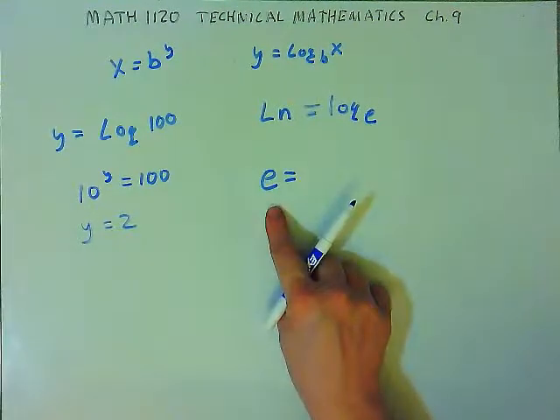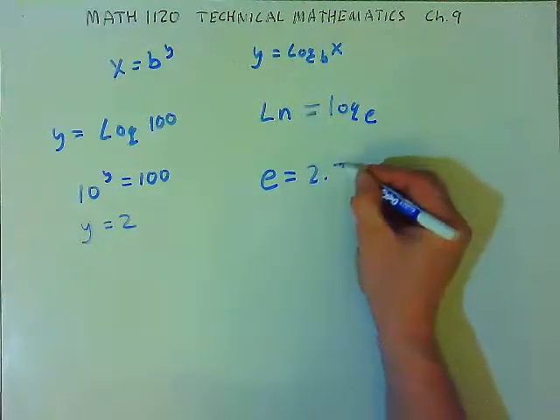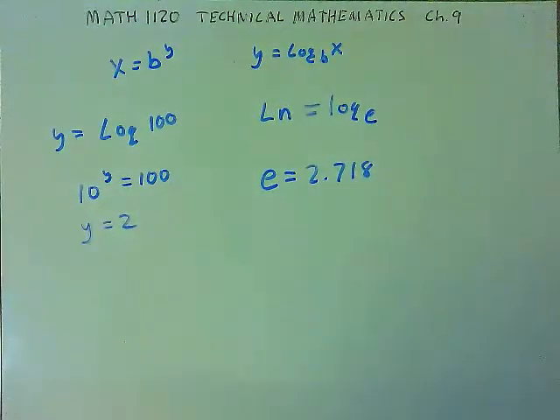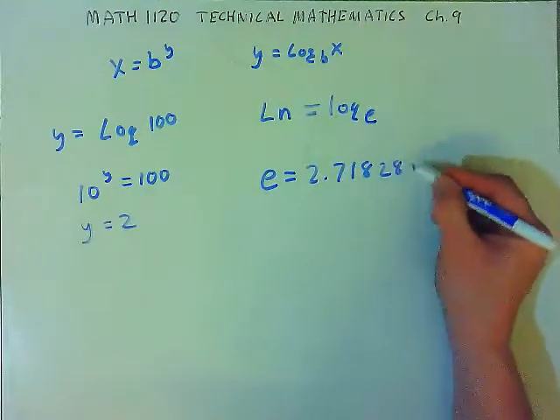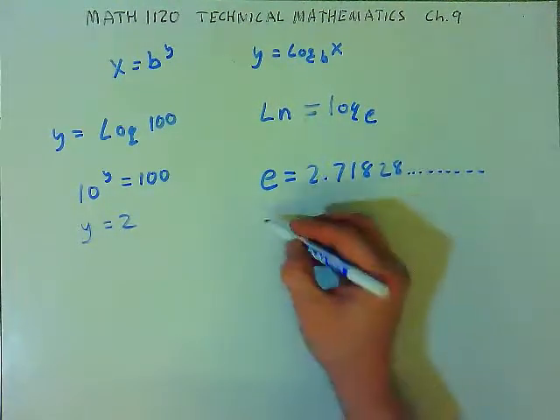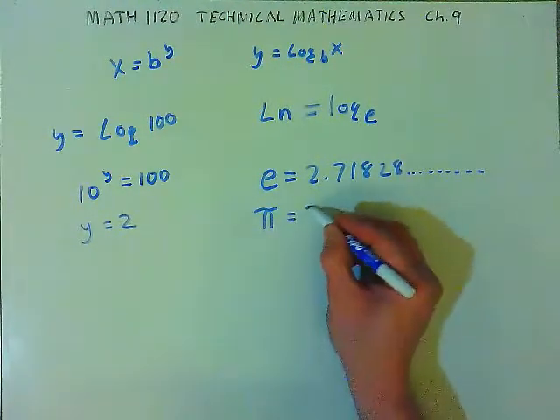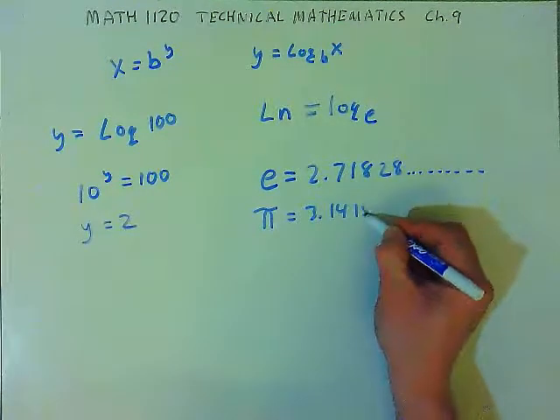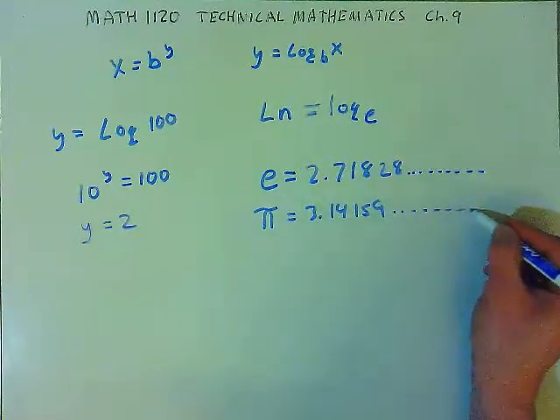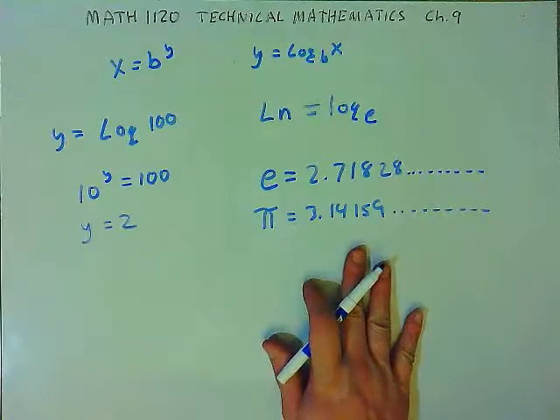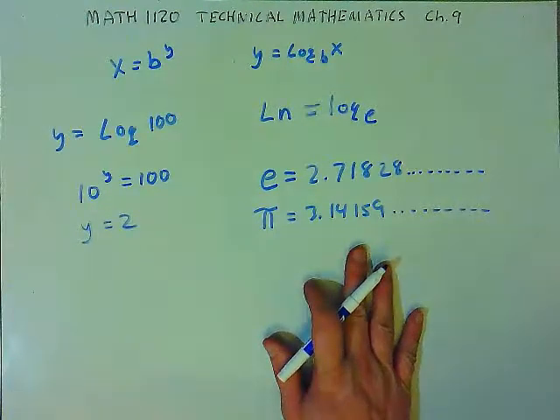Euler's number is a constant, and it is equal to about 2.718, and there are more decimals in there, 2.71828. This goes on forever, it never repeats. It's very similar to pi as a constant, which is 3.14159, and that goes on forever and never repeats.